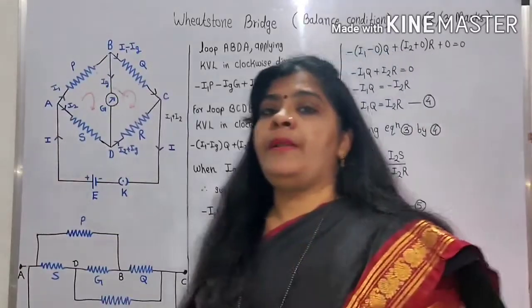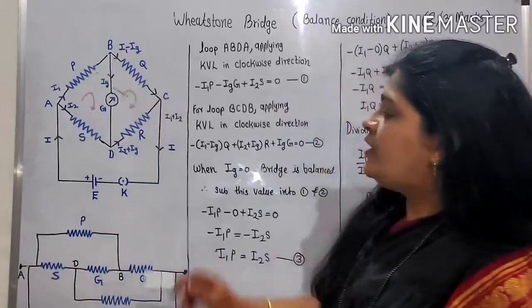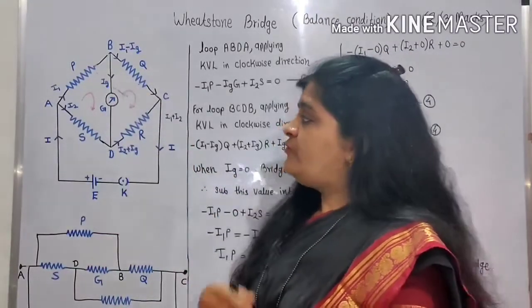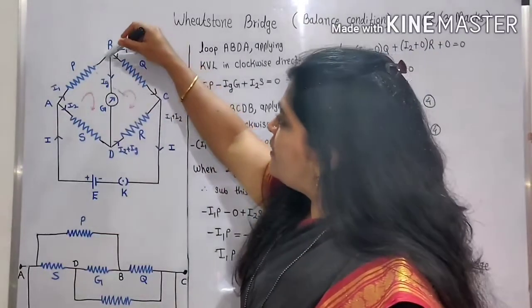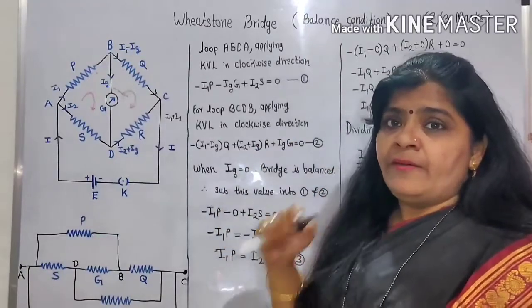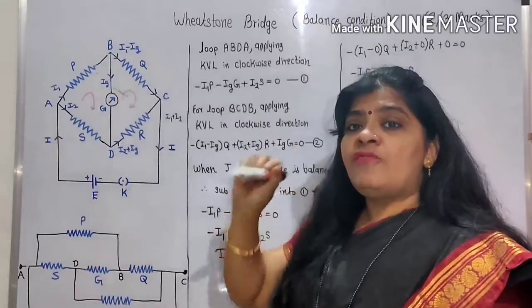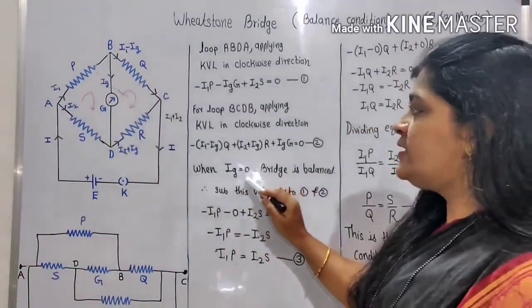Now here we are applying the balance condition. That balance condition is there if we adjust this resistance, and at one stage this galvanometer shows 0 deflection. When it shows 0 deflection, when the current is not flowing through it, at that time Ig is equal to 0.